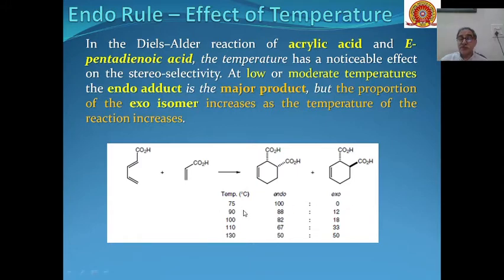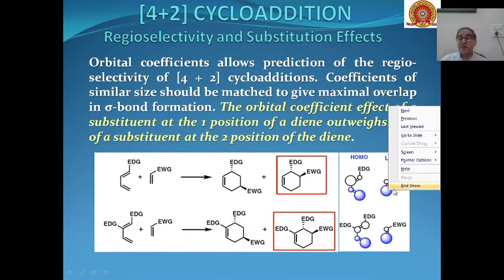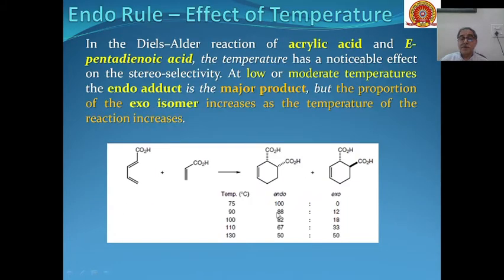As we increase the temperature, the formation of the endo product goes on decreasing, and the formation of the exo product goes on increasing. So that means the proportion of exo isomer increases as the temperature of the reaction increases. So temperature has a profound effect on the formation of endo or exo products.